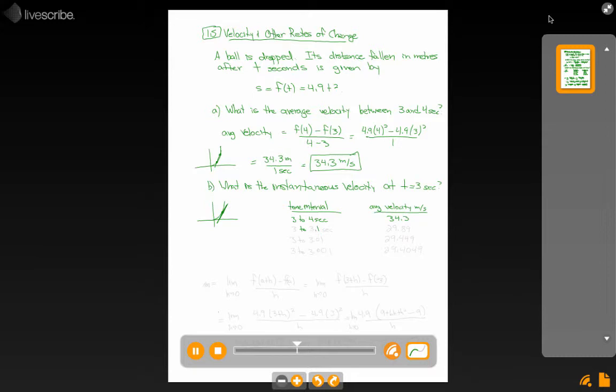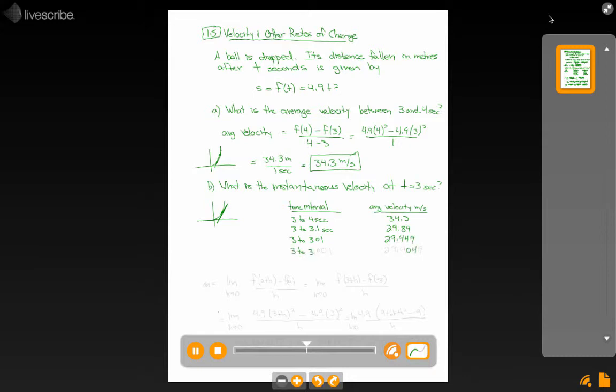Let's make that time interval a little smaller, from 3 to 3.1 seconds. They did the same kind of calculation without showing all that work, and got a slightly smaller value, 29.89 meters per second. 3 to 3.01, and a similar calculation, 29.449. It's just crunching numbers at this point.